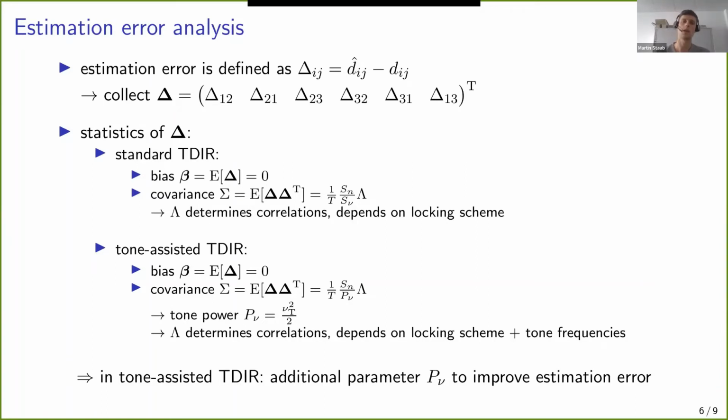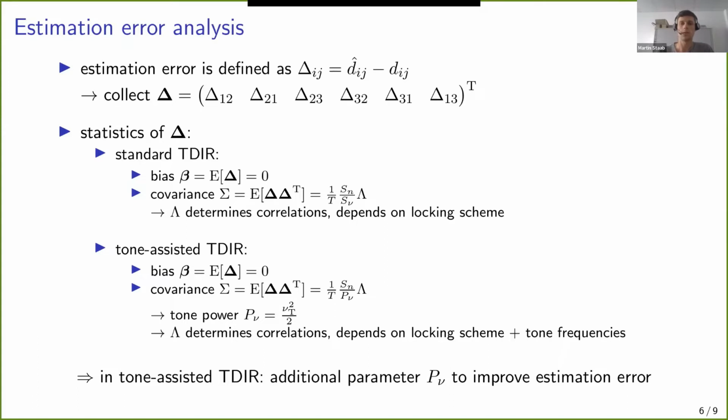Delta ij is basically the estimation error, given by the estimated arm length minus the true arm length, and we collect this in a vector to analyze its statistics. In the standard case, we have an unbiased estimator and a covariance given by this expression.